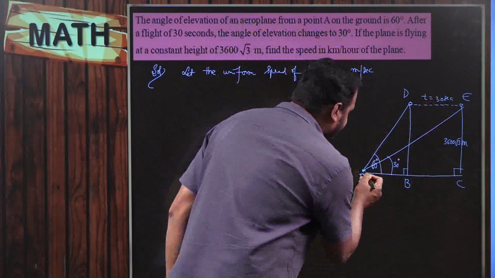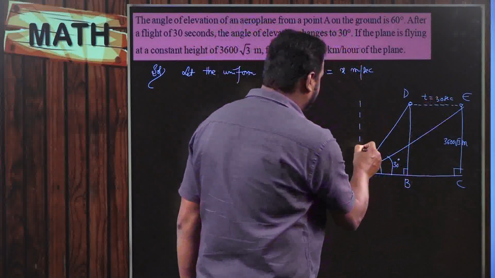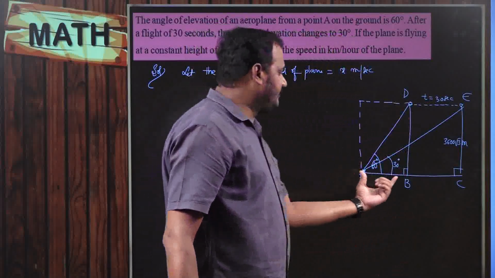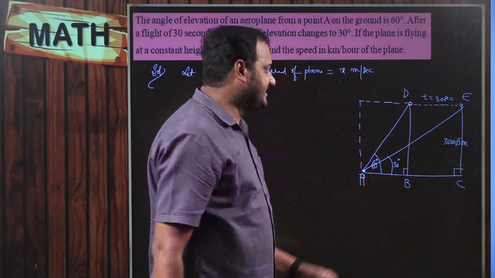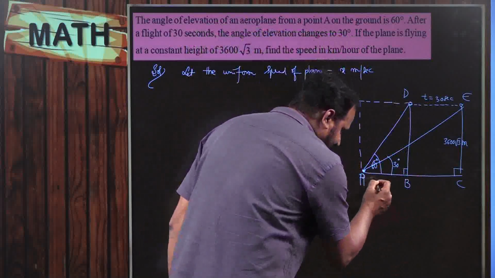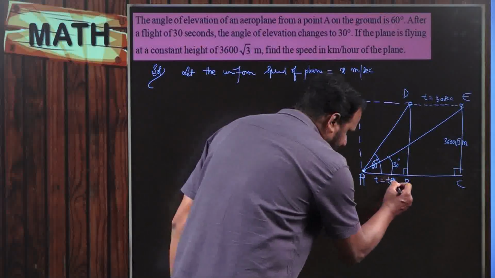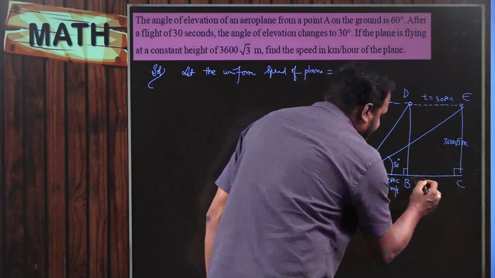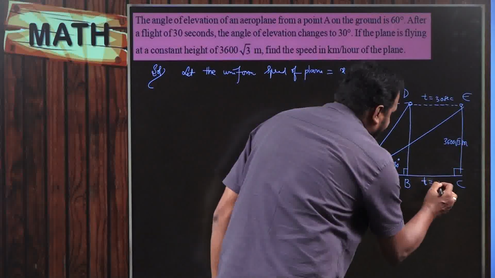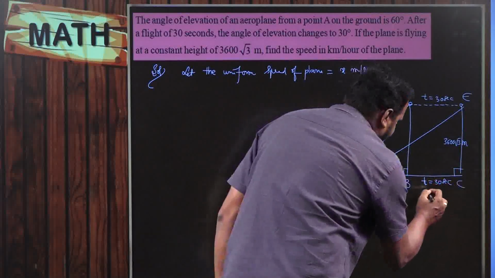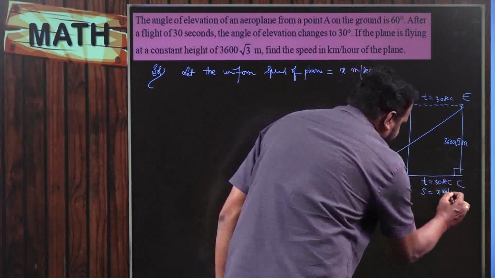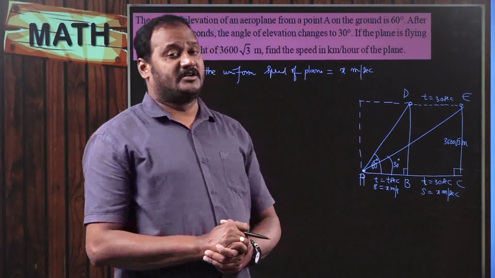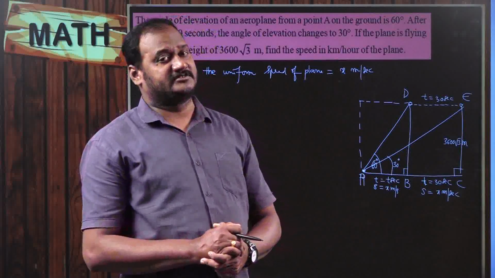But for the vertical line, and this is the plane, I do not know the time taken in this particular part, so the time is t seconds, and the speed of the plane is x meters per second. And here the time taken is 30 seconds, and again the speed of the plane is x meters per second. So if I want to apply trigonometric ratios, I need to find the lengths of the sides.